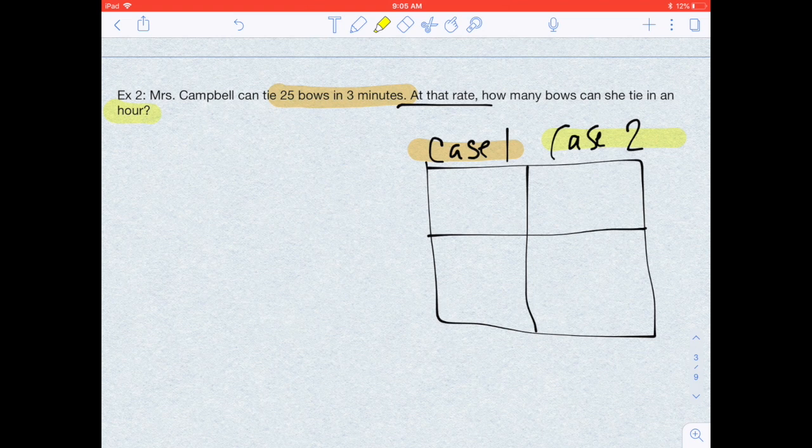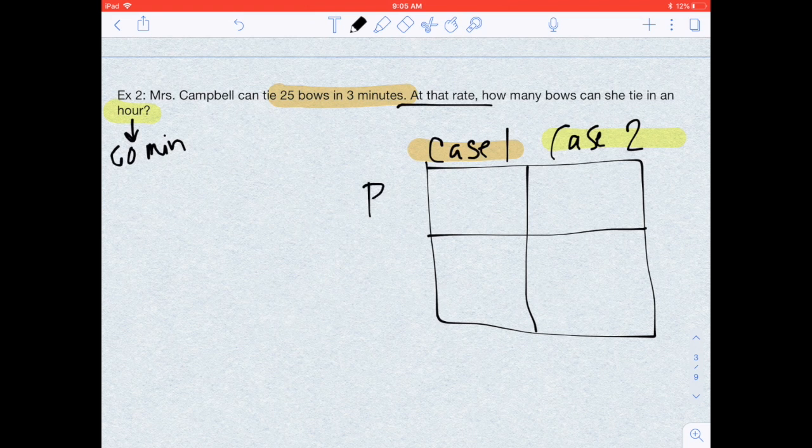That is the only information it gives us for case 2, but I want to make sure I'm using the same numbers or the same units. So I'm going to use minutes, even though it says hour. How many minutes is in an hour? Well, 60 minutes is in an hour. And that's what I'm going to use for case 2.